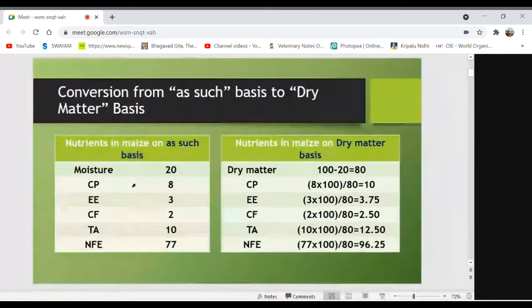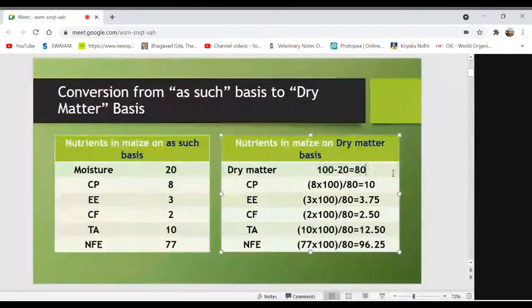So if the composition is given like this, like moisture and other composition on SS basis, in that case, first of all, we have to calculate the diameter percentage. 100 minus 20, where 20 is the moisture percentage. You will get the diameter percentage.